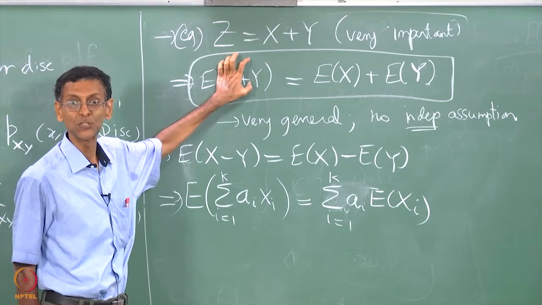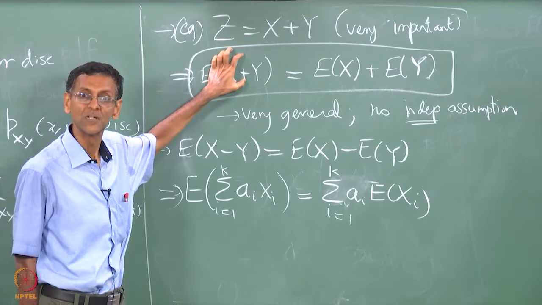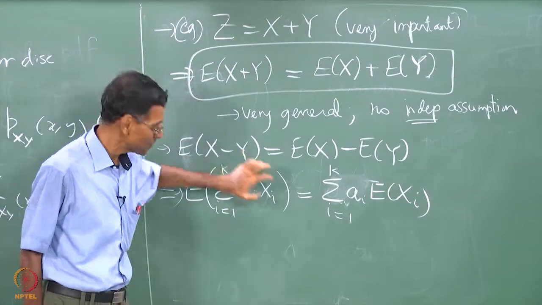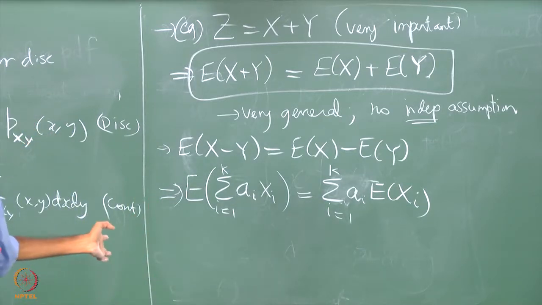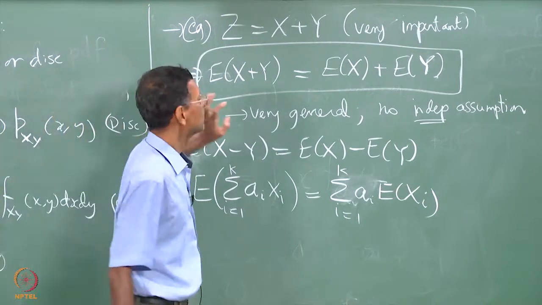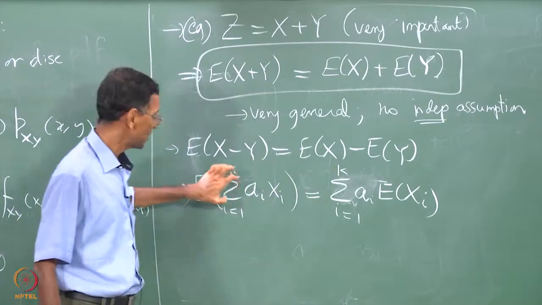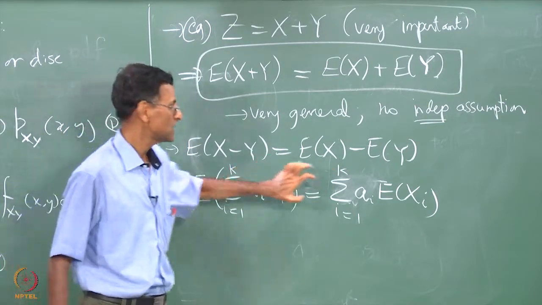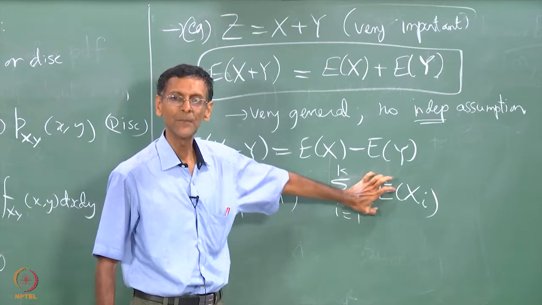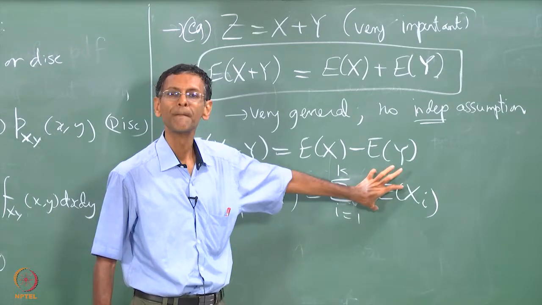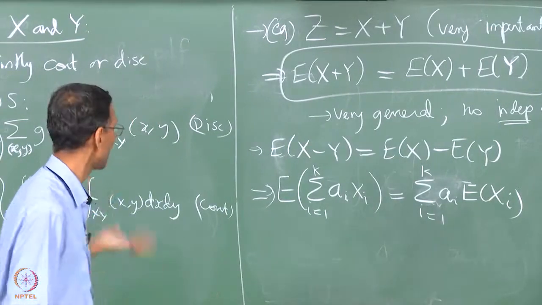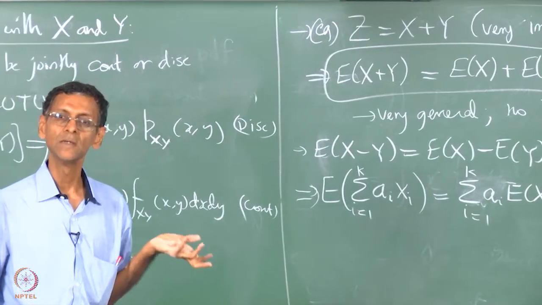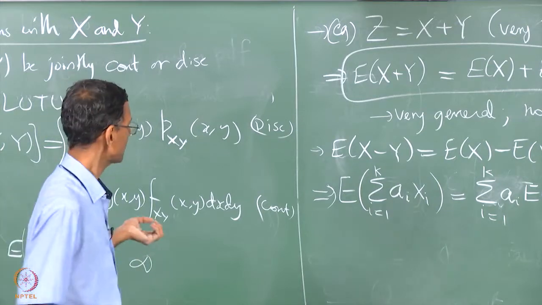It's not the simplest of things to do to determine the actual distribution. But if you are just looking at the mean, and the variance also is not too difficult to calculate, the mean of this weighted combination is just the weighted summation of the means, and no independence is required. X1 through Xk can be an arbitrary collection of random variables on some space.